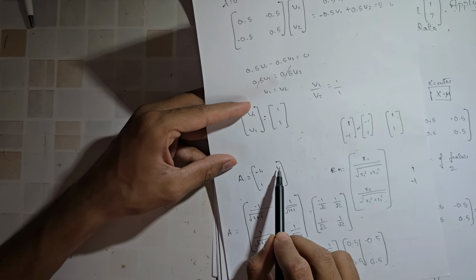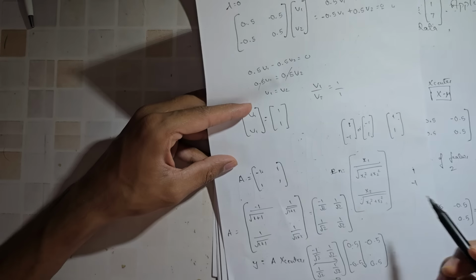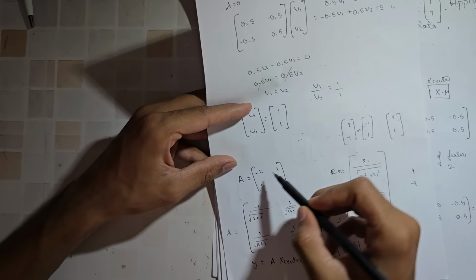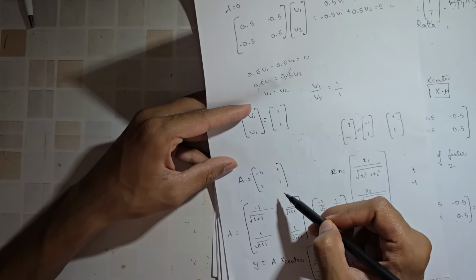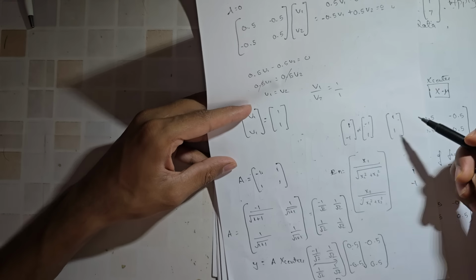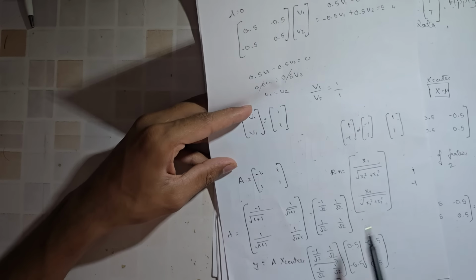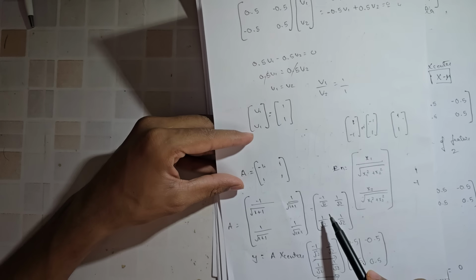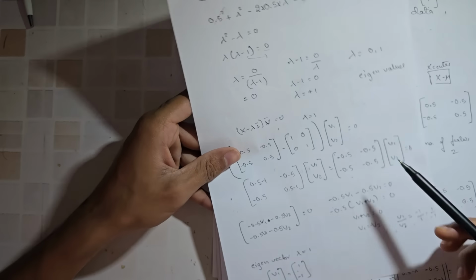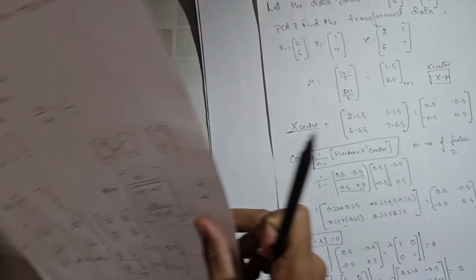X1 x2 for this, x1 x2, and if you are doing for 2 cross 2, it will be x3 x4, like that. Simple, right? Either you can do separately for this, just add, you will get this value. Now you have to multiply this with X center, that one, not this one here. Then like that you will get the answer. I hope you understood. If you are still confused, just tell me, I'll explain once again properly.